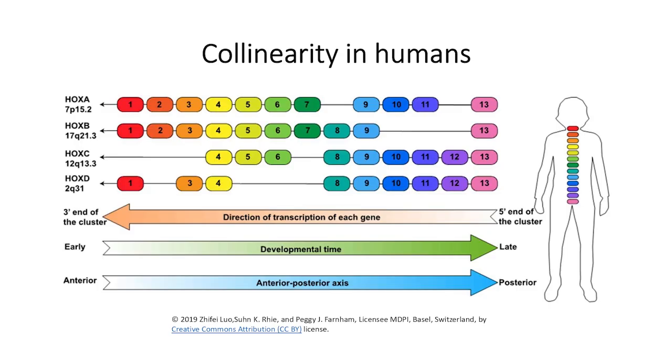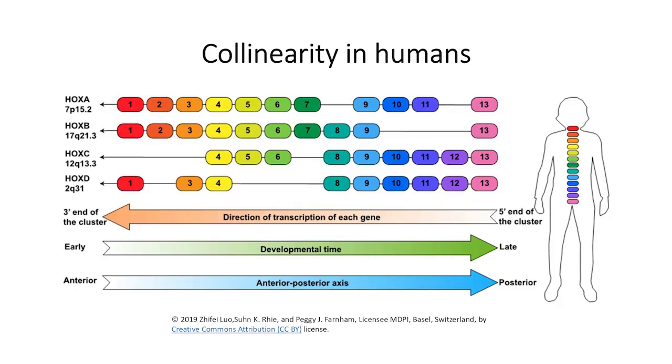The 4 clusters represent duplications in which there are slight variations in the number of genes in each family group. Shown are the 4 family members present in each of the 4 loci, along with the direction of individual gene transcription and the directions of the spatial and temporal waves of transcription of the genes in each cluster.